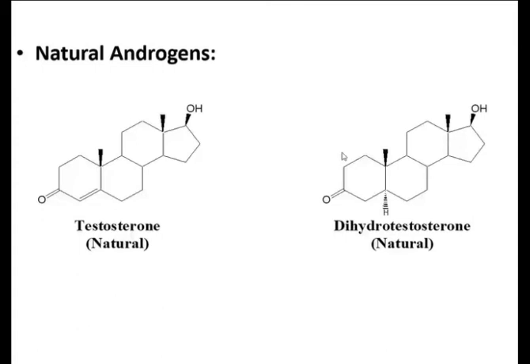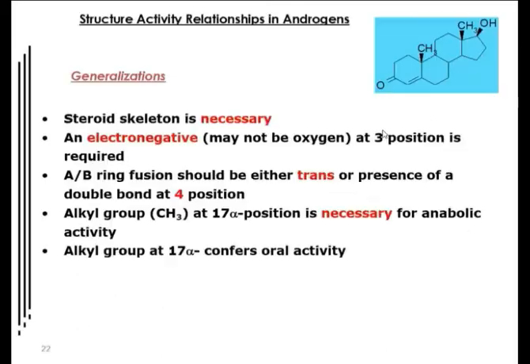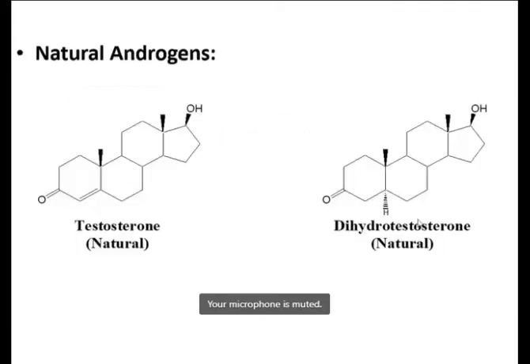In the fifth position one more hydrogen is added. That's why this is called dihydrotestosterone. Testosterone is converted into dihydrotestosterone by the 5-alpha reductase enzyme. Dihydrotestosterone is more potent than testosterone.